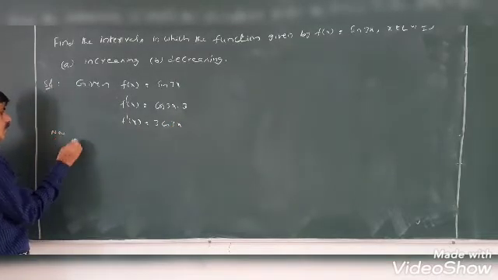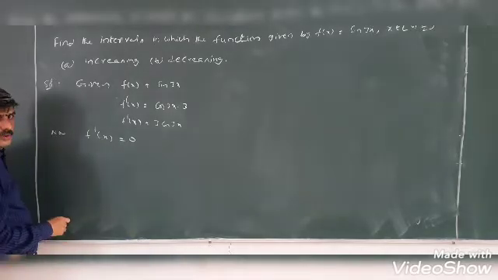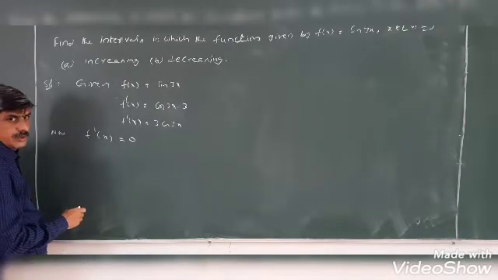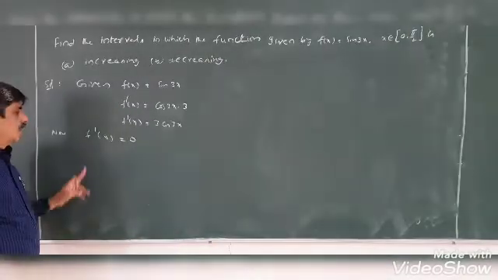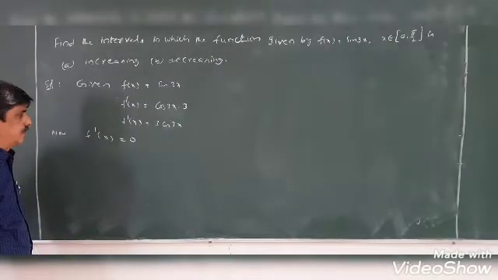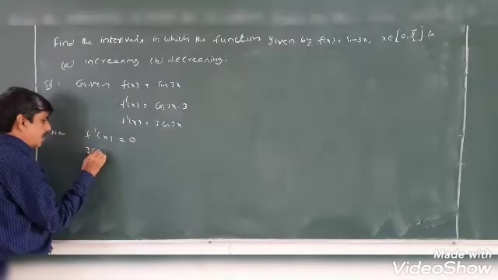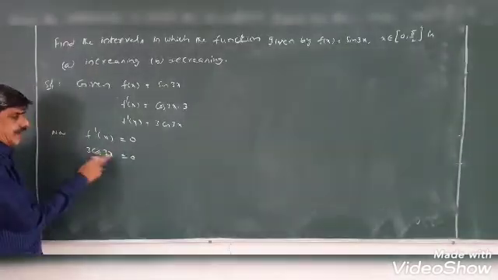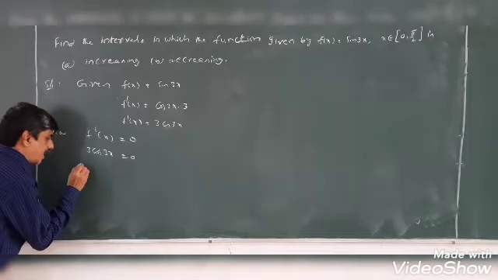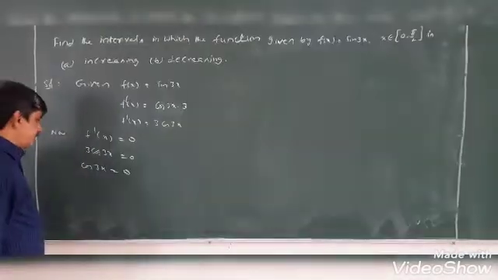Now f dash x is equal to 0. So 3 cos 3x is equal to 0. Then cos 3x is equal to 0.